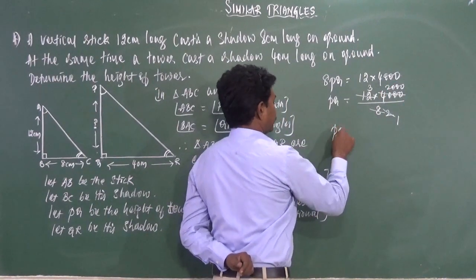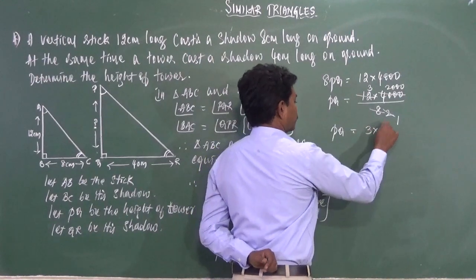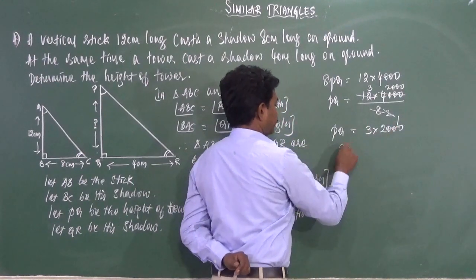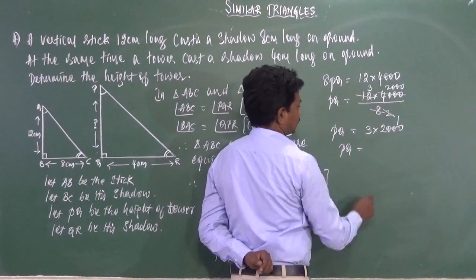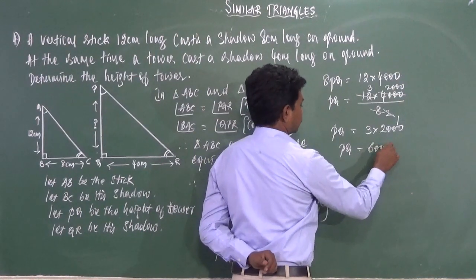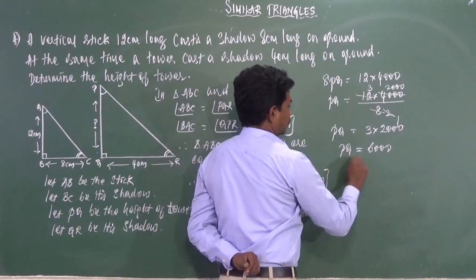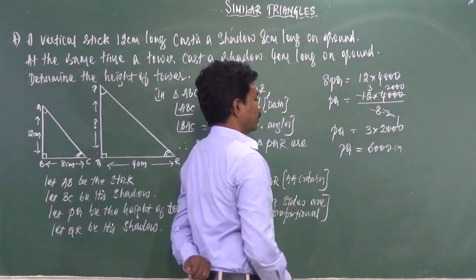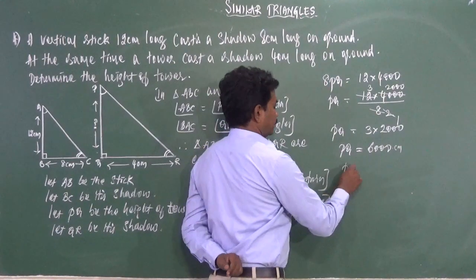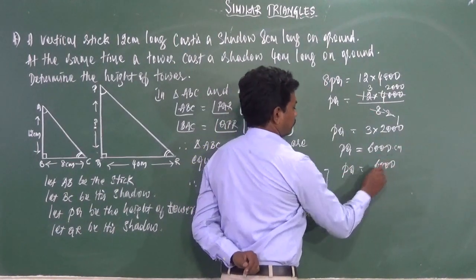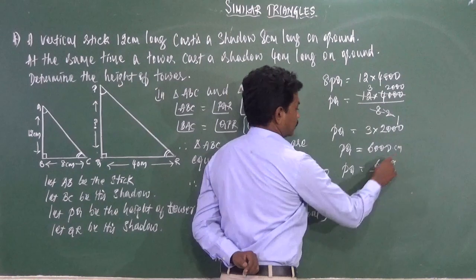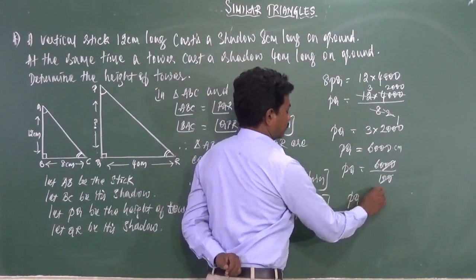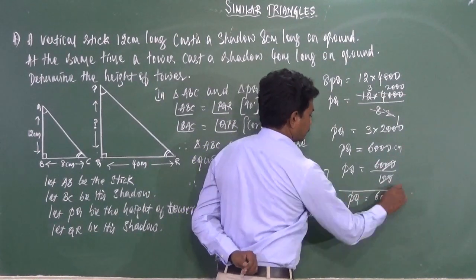So PQ is equal to 3 into 2000, which is 6000. This 6000 is in centimeters. If you want to convert this into meters, PQ is equal to 6000 by 100. So the zeros cancel. So PQ is equal to 60 meters.